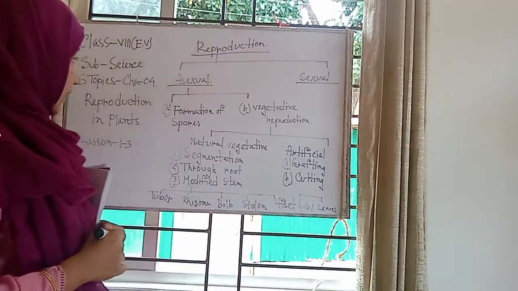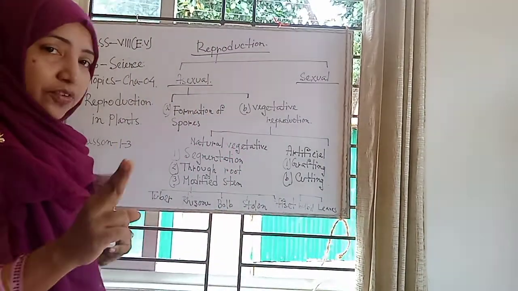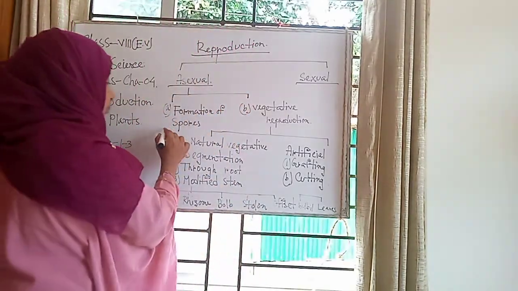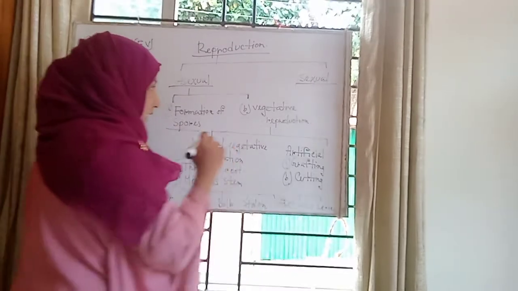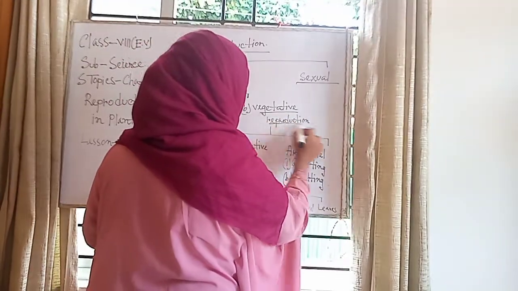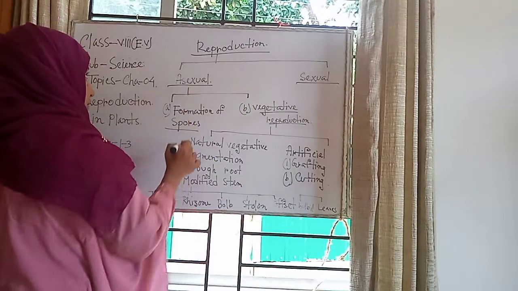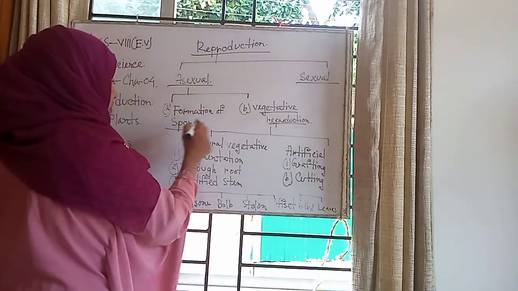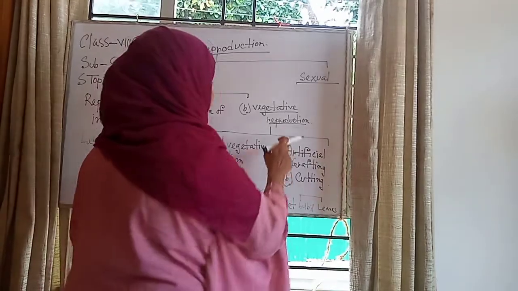Asexual reproduction has two types. The first type is the formation of spores. The second type is vegetative reproduction. The formation of spores is basically a fungal-type structure.